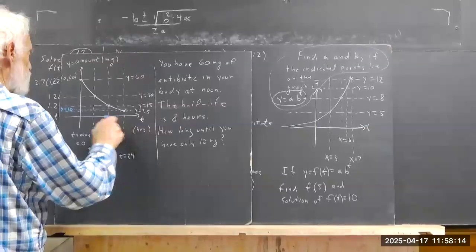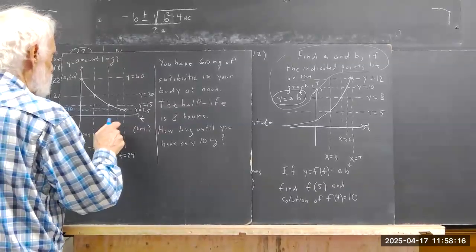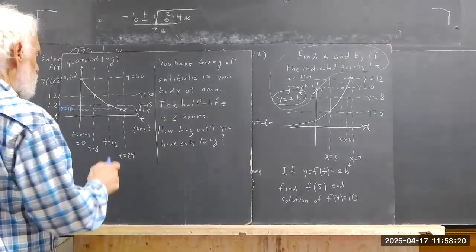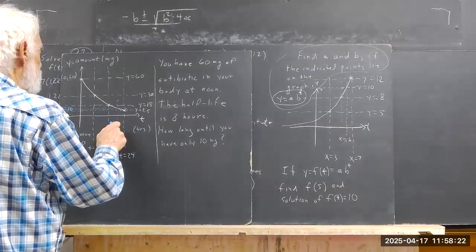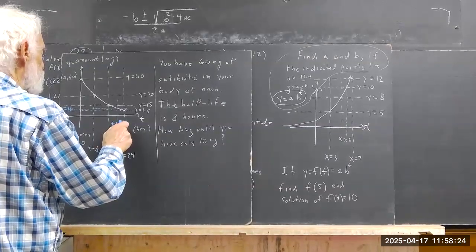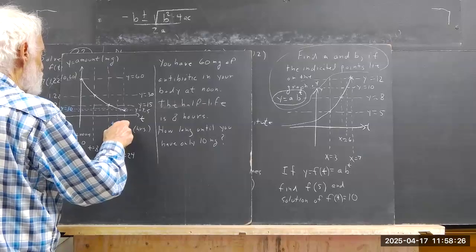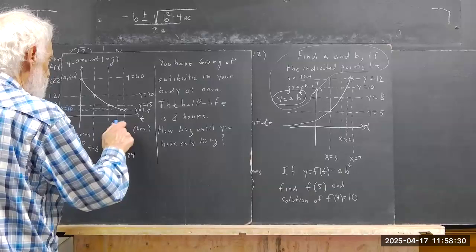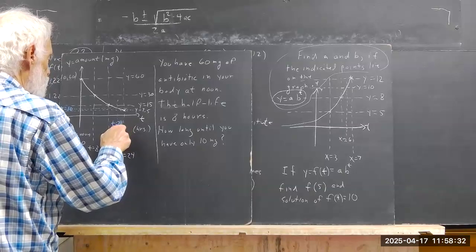And we project down from the intersection point, and we see it's between 16 and 24, somewhat closer to 24. Maybe t equals 19, 21.